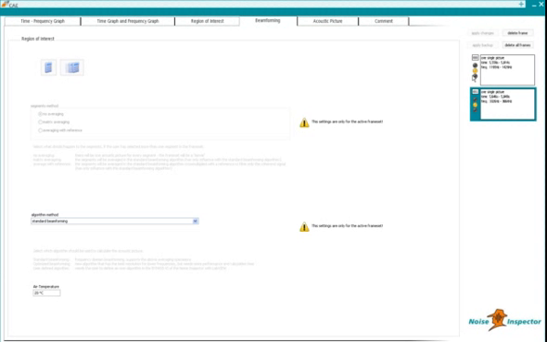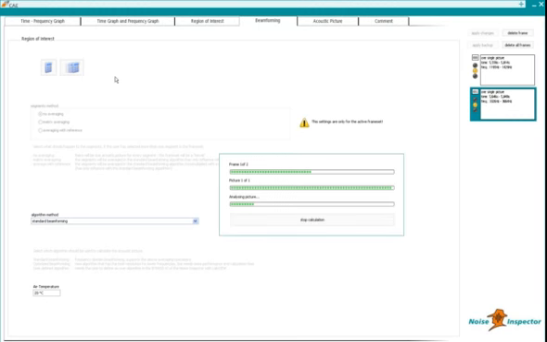So, this button calculates all yellow lighting frames, and this button calculates only the active one, that is this one. I would like to see both of them, so I calculate both, and now you see the first frame is calculated and then the second frame is calculated.